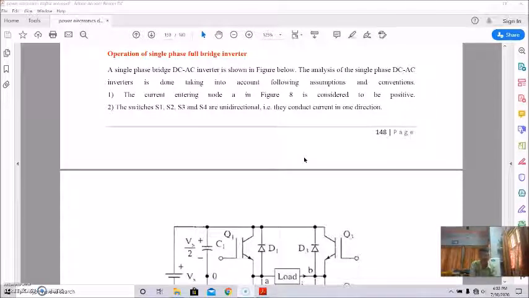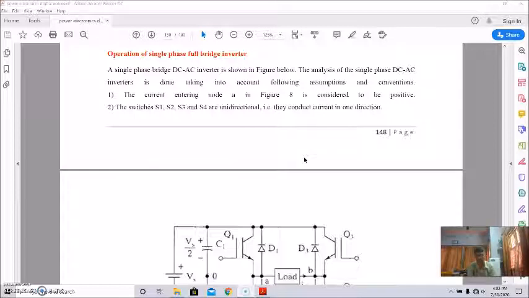Before going to the discussions, I'm telling you this single phase full bridge inverter circuit consists of two pairs of control switches, that is S1, S2, here it is Q1, Q2, and S3, S4, that is Q3, Q4, and two pairs of diodes, that is D1, D2, and D3, D4. Among these devices, only one pair conducts simultaneously.